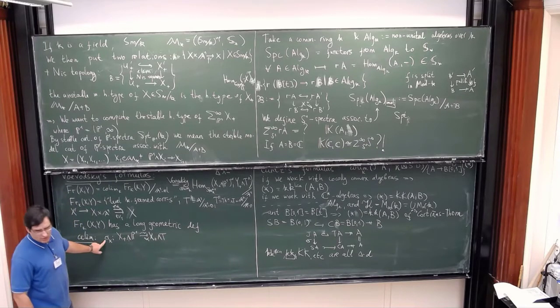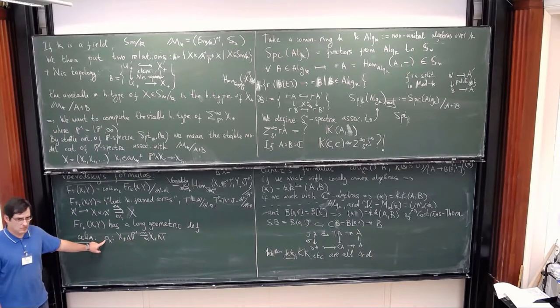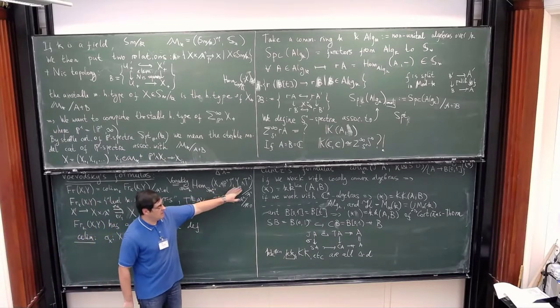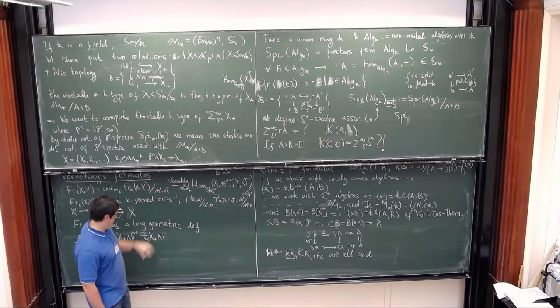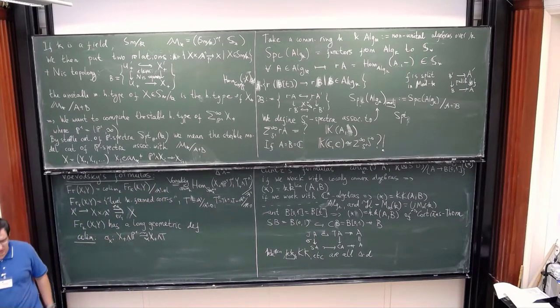The colimit is also taken over this sigma: given a morphism here, we smash everything by T and then compose it with this sigma. This is how the colimit is defined.